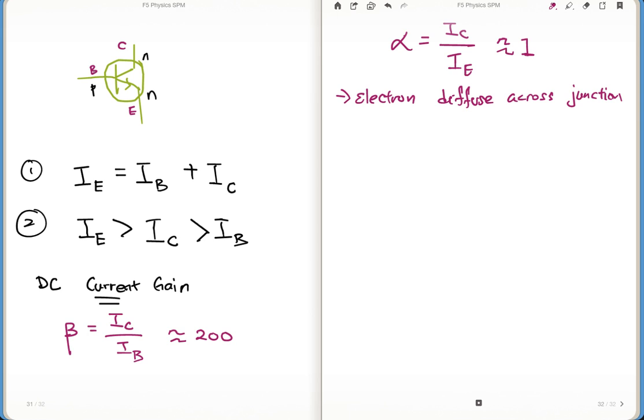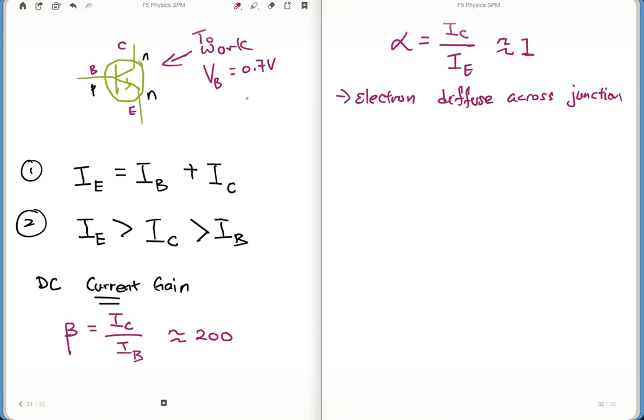Therefore, in order for this transistor to function, the voltage over the base has to be 0.7 volt. Because under equilibrium, you have this depletion layer.